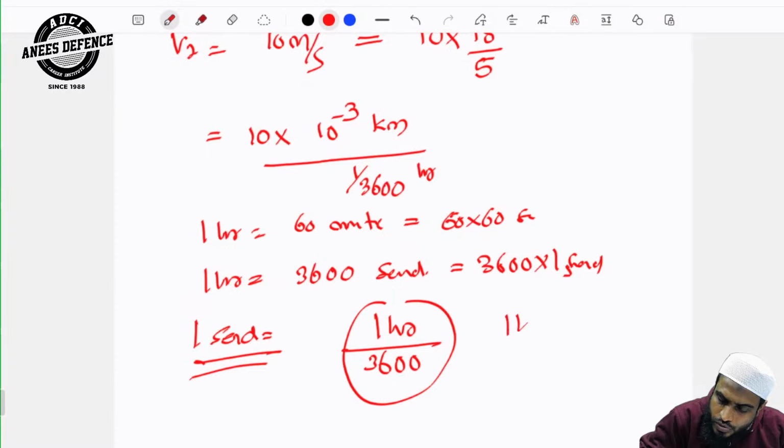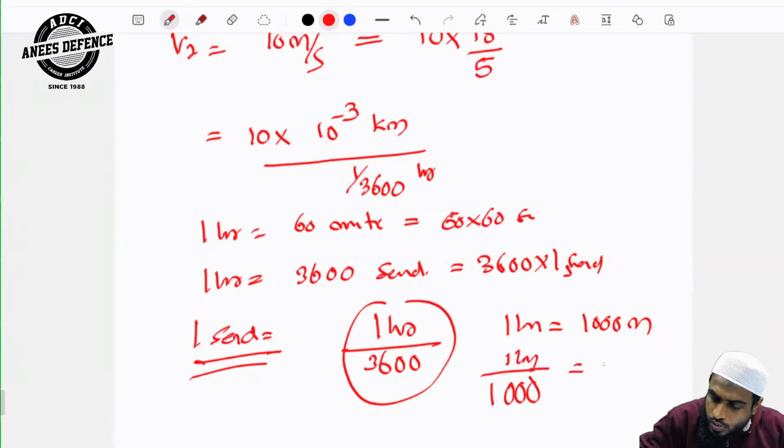1 kilometer is equal to 1000 meter. So 1 meter can be represented as 1 kilometer divided by 1000. Understood? 1 kilometer equal to 1000 meter. You can take this 1000 to the denominator part.